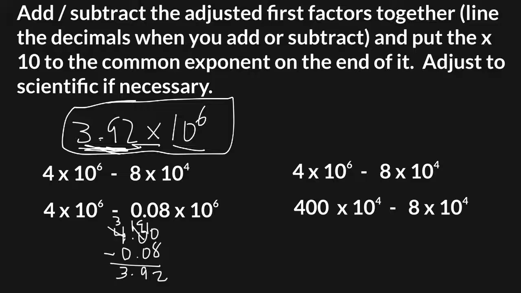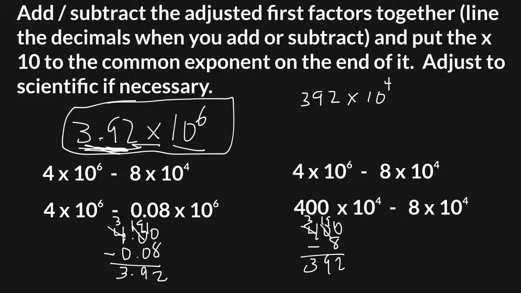Okay, now over on this side, we're going to work with the same thing, but we're going to do the 400 minus 8. Again, we do the 3, the 10, the 9. We have 10 minus 8 is 2. 9, 392. Now at this point over here, I end up with 392 times 10 to the 4.